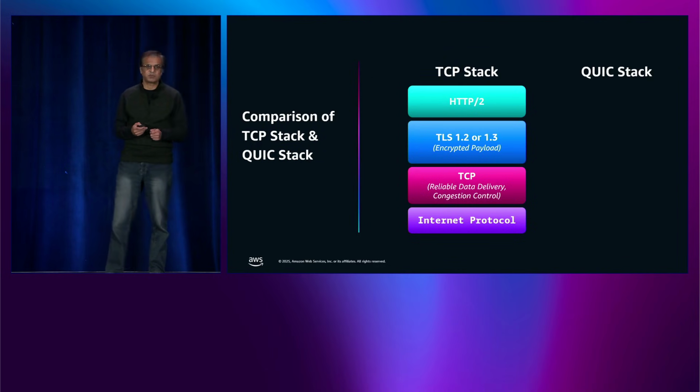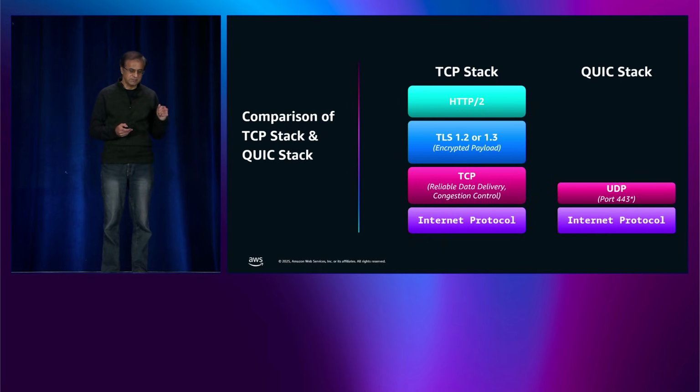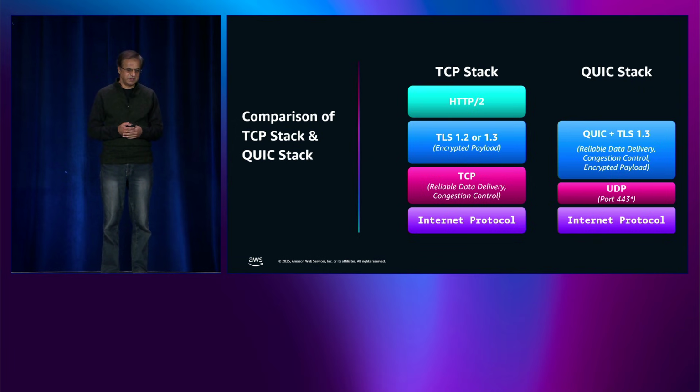Now, compare that with QUIC. The underlying network protocol is still Internet IP. On top of that, it runs UDP, and UDP port 443 is QUIC. On top of UDP, you have a QUIC plus TLS 1.3 combination, and it's an interesting protocol in the sense that even though it runs on UDP, it has the elements of guaranteed connection, congestion control, and encrypted payload.